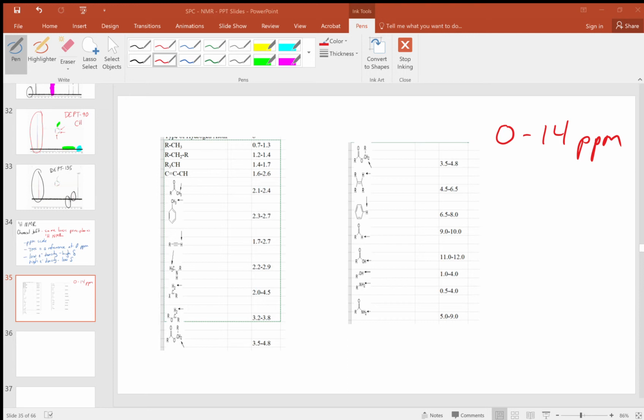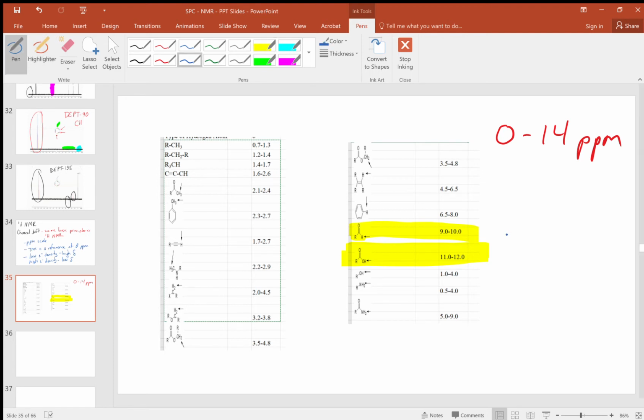And in fact, the range is actually a lot smaller than that. I'm going to highlight a couple of functional groups. That's the aldehyde and the carboxylic acid. Those are really the only functional groups that show up above about 8.5 ppm.